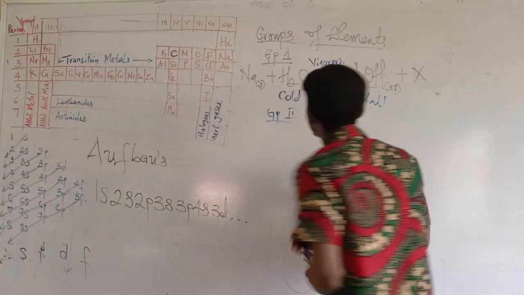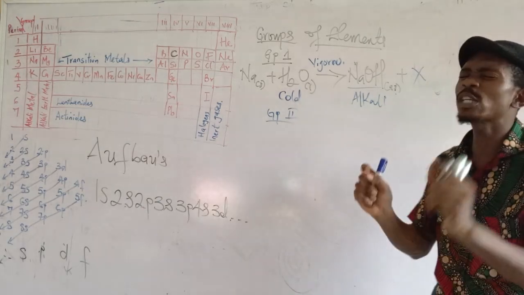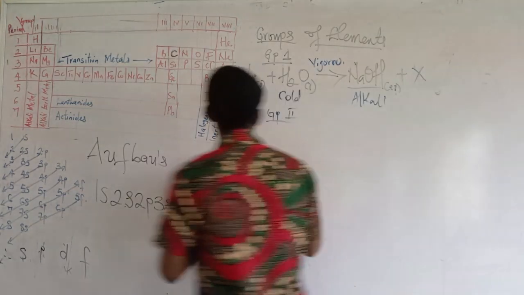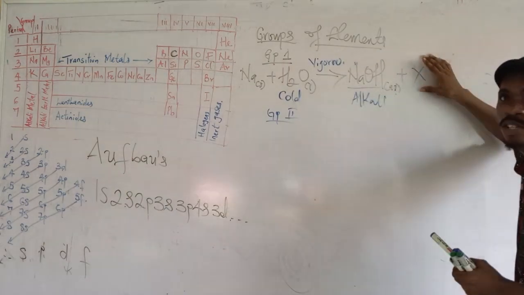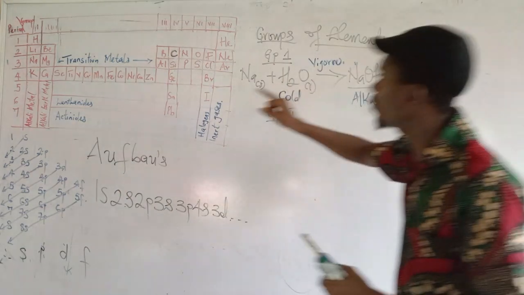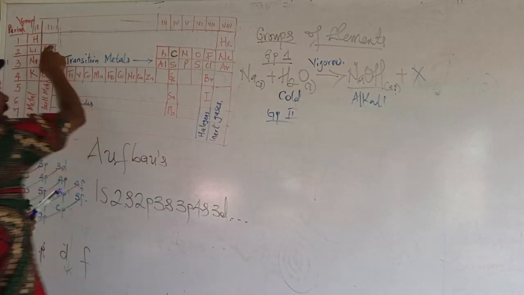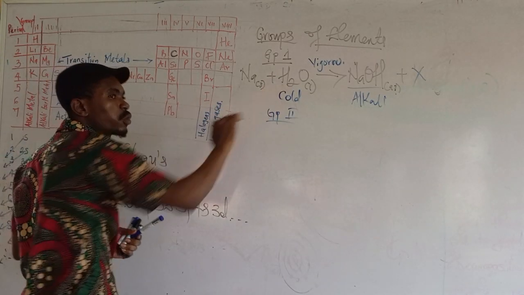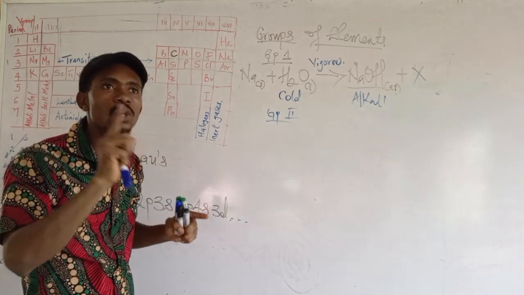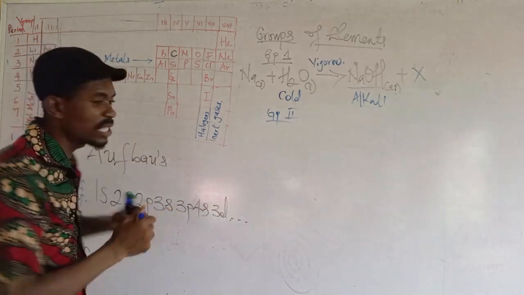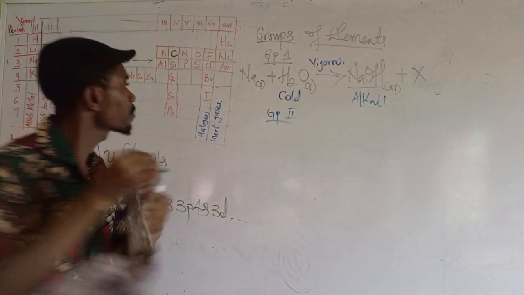But in terms of reactivity with cold water, they are so sluggish. They are so slow. And when they do react, they form an alkali and hydrogen gas is evolved. Apart from magnesium, the rest can undergo that reaction with cold water slowly. But magnesium only reacts with steam or hot water. Alright, so please take that point down.